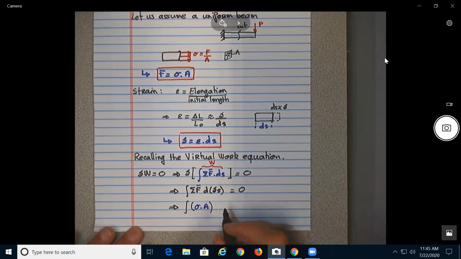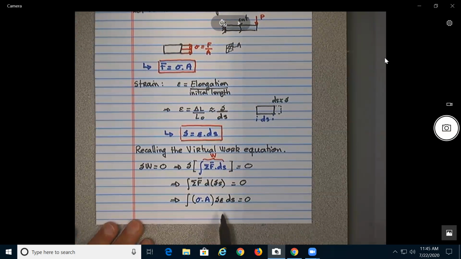Will be equal to delta epsilon, that way I don't have to substitute both of them, ds equal to 0. So I hope you see what I did here.